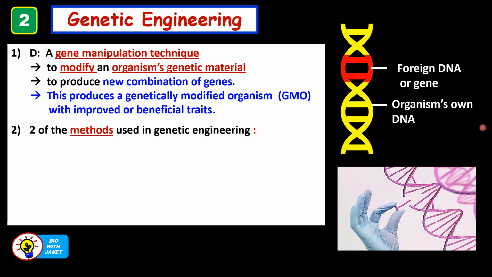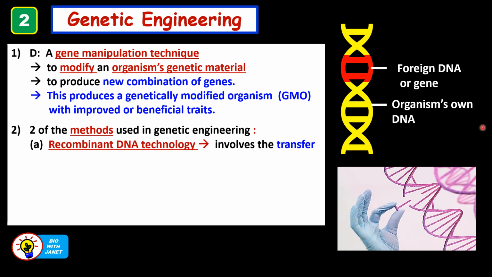So two of the methods used in genetic engineering, which are very advanced, are recombinant DNA technology. Now, it's not called DNA recombinant technology, as printed in some books. It's recombinant DNA. Okay, the DNA comes after the word recombinant. So recombinant DNA technology involves the transfer of a DNA segment from one organism to the other, right? So that means we recombine the segments of DNA, recombine the genes again, as compared to the combination of genes in the original organism.